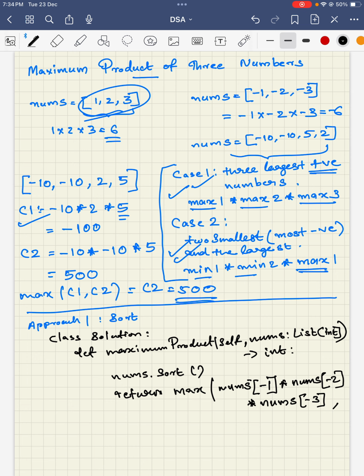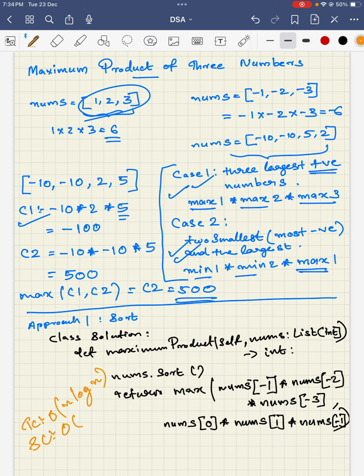And the minimum 2, that is nums[0] and nums[1], and the final element, the topmost higher element. So that's one solution. What is the time and space complexity? Since sorting is involved, the time complexity is order of n log n. Space complexity is order of 1, since we are not using any extra space.